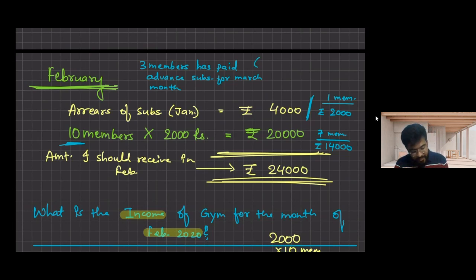That means they have paid 3 members into 2,000 rupees. So total I have received 6,000 rupees. So in total, how much I have received, sir? 6,000 plus 2,000 plus 14,000. 6 plus 2 is 8. 8 plus 14 is 22,000.